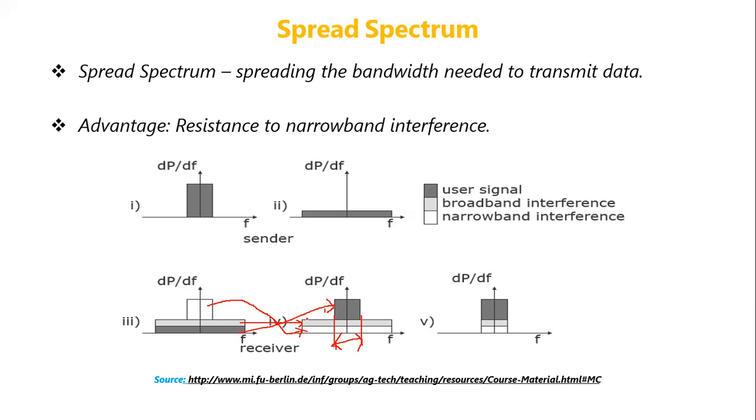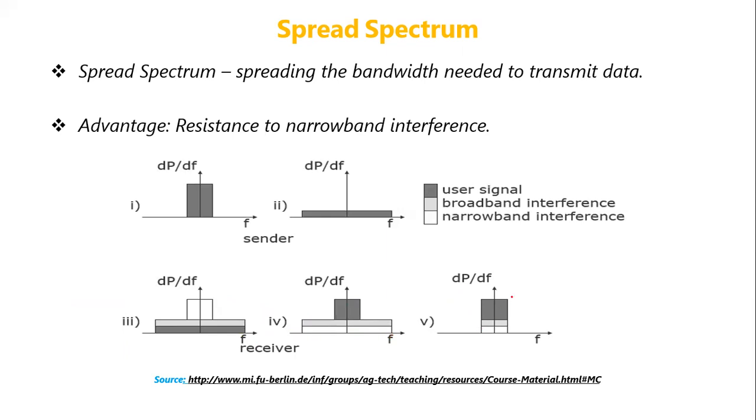So naturally, this extra broadband part, the spread part, will all be cut away. Finally, the receiver will have this kind of signal.